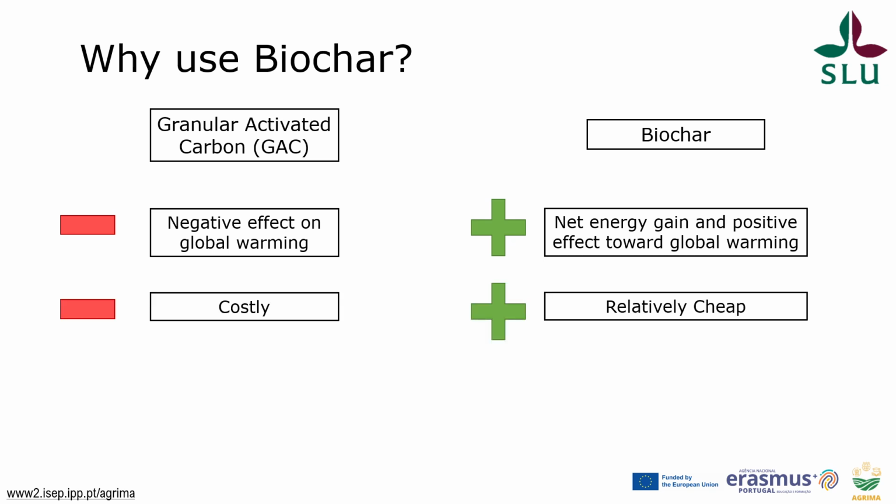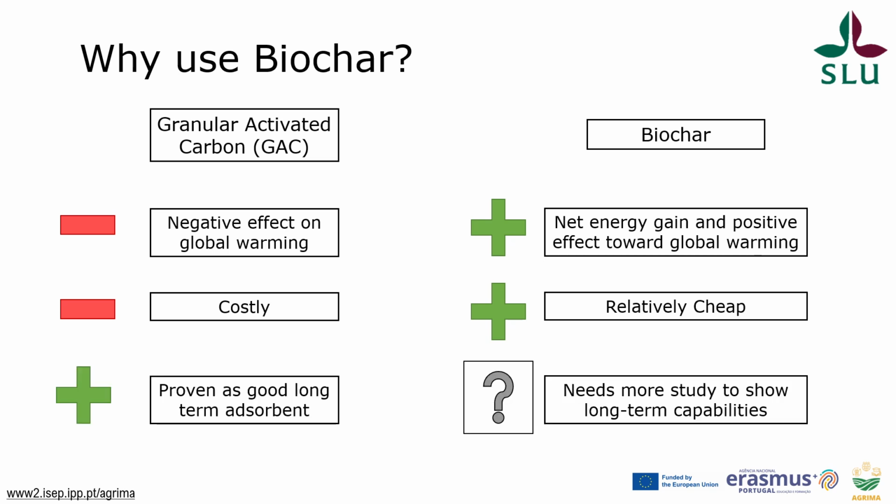On the other hand, activated carbon is quite expensive. It's an expensive process to make, and compared to biochar, it can be about 10 times more expensive. So from an economical standpoint, it's also very interesting to look at biochar. But there are some downsides. Biochar, as I said before, is complicated depending on which type of feedstock and which type of preparation you use.